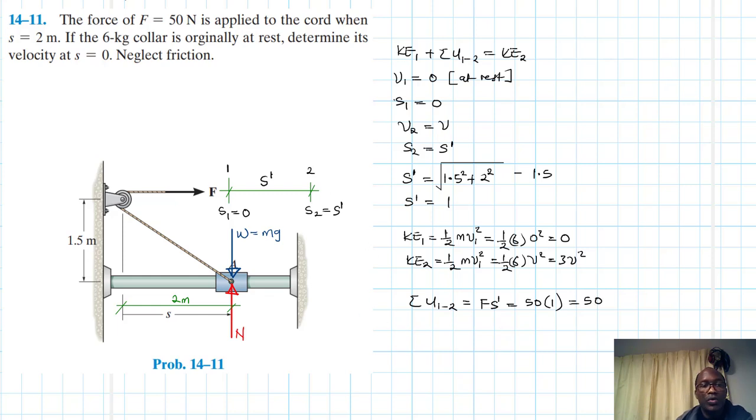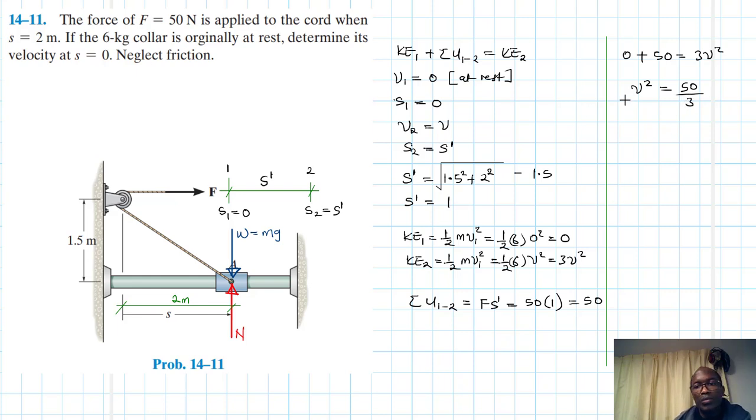So writing the whole equation, we have 0 plus 50 equal to 3v squared, and v squared is equal to 50 divided by 3.